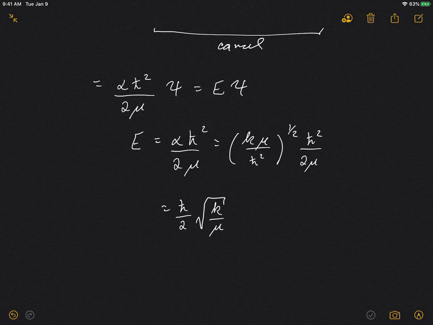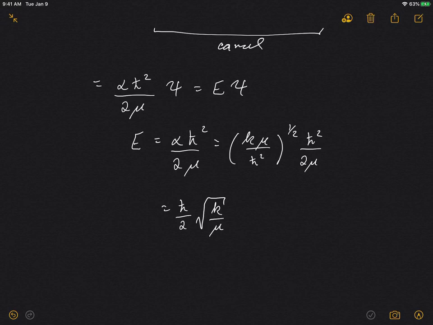So we can also go back to our definitions of frequency and angular frequency, nu and omega, from the classical harmonic oscillator. It doesn't mean we're imposing the classical harmonic oscillator.